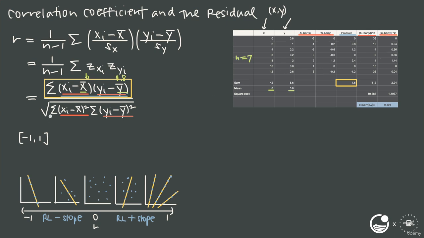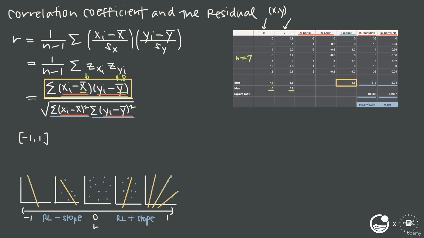So to get this sum here, and then separately this sum here, we need to add all the values in each column. So we get that sum and that sum, and then taking the square root of the product of those two is the same as taking the square root of each of them individually and then multiplying them together. So we can take the square root of both of these values. So we get those square roots here and here.